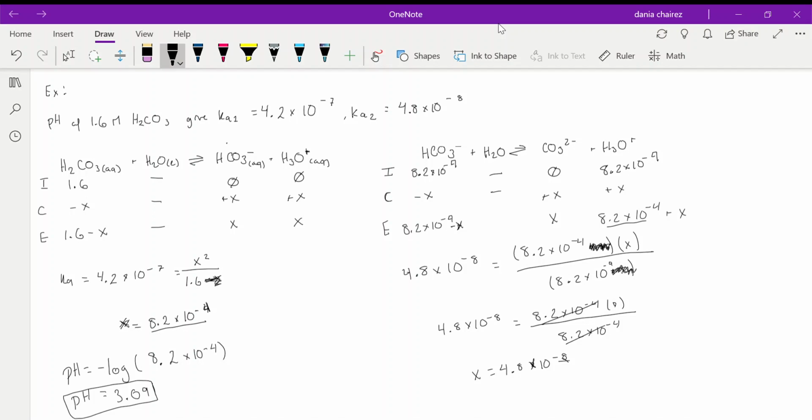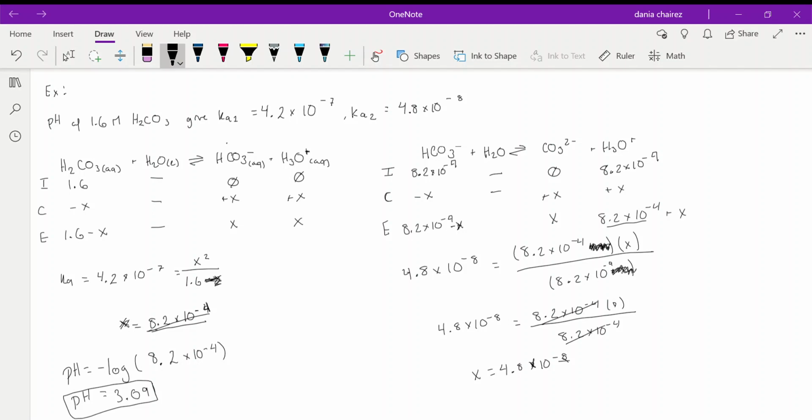But if it is asking for final concentration of either the carbonate or the H3O+, you're going to have to solve both or all 3 Kas for it. But yeah, this is kind of a shortcut, is that the numbers are usually insignificant enough that if you were to add them, your exponent would still stay the same from the first one. So yeah, you have a pH of 3.09.